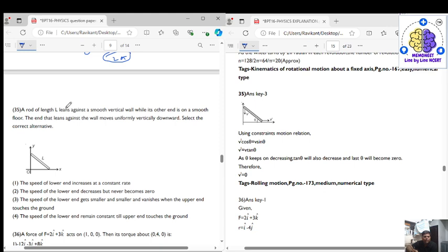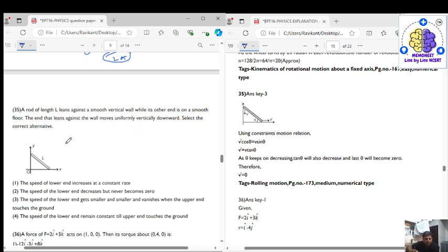the rod of length L leans against a smooth vertical wall while its other end is on a smooth floor. The end that leans against the wall moves uniformly vertically downwards. Select the correct alternative.